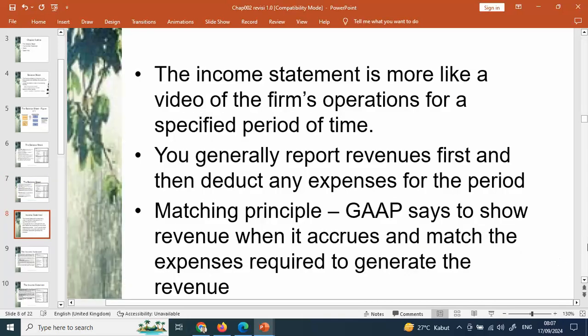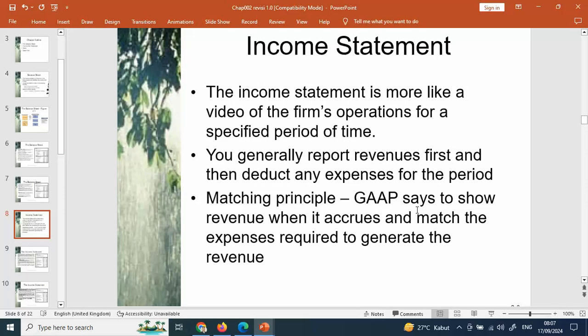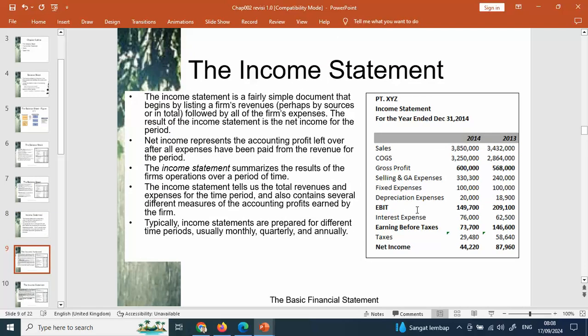Next is the income statement. So, the income statement is more like a video of the firm's operation for a specified period of time. You generally report revenue first, deduct the expenses, and see the net profit of the firm using the Generally Accepted Accounting Principles, GAAP.